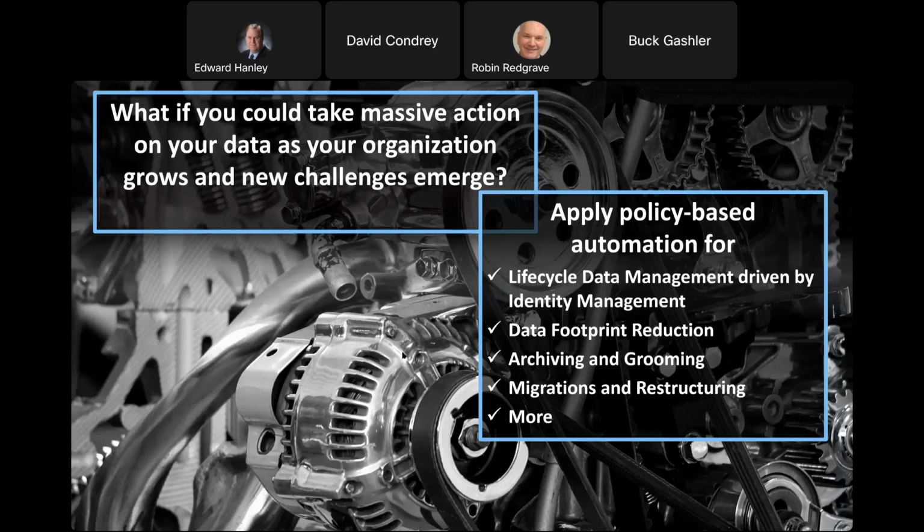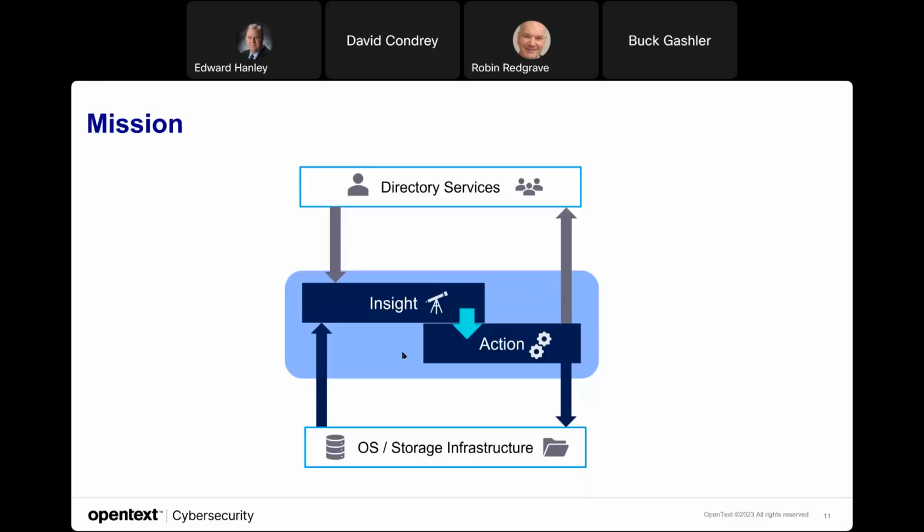So how would we go about doing that? Our mission with our products within file management is really around insight and action, as you might imagine. And the insight has to be at the intersection of identity and data.